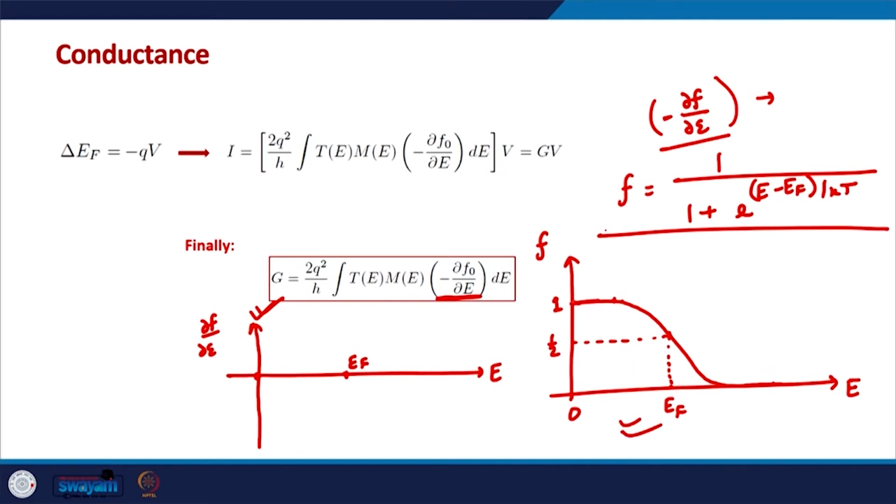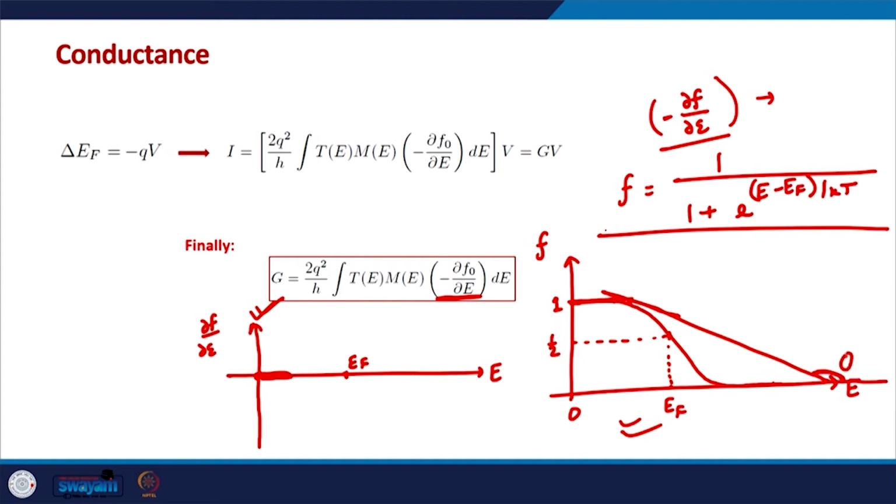The gradient of this function at low energies is almost 0. So at energies way below the Fermi level, the ∂F/∂E function is 0. As the energy starts approaching the EF level, we start seeing some gradient there.